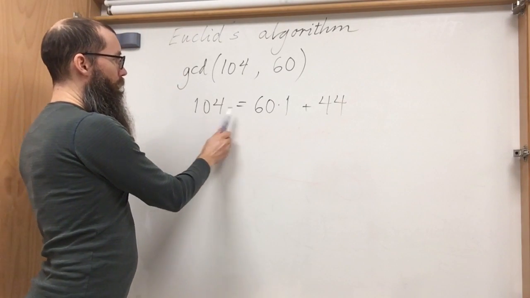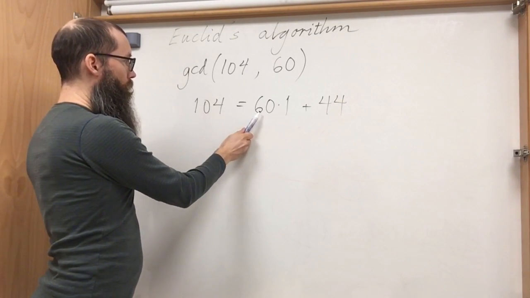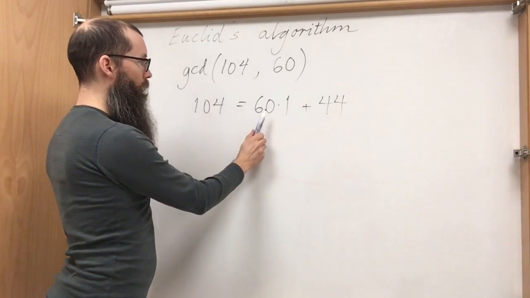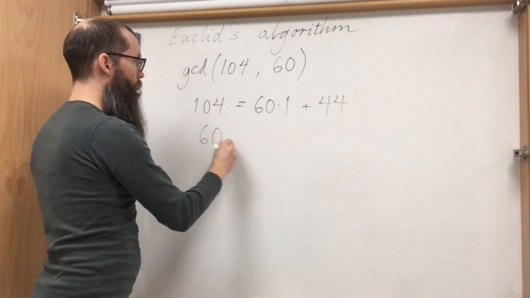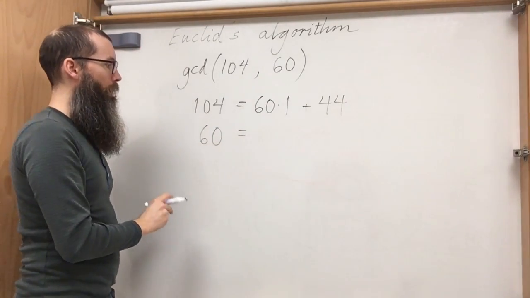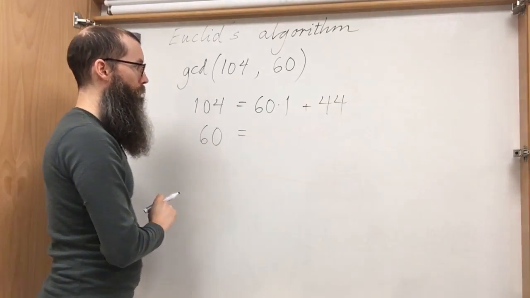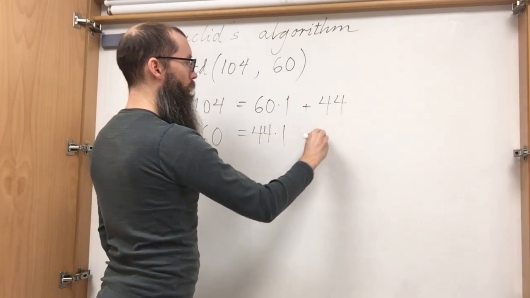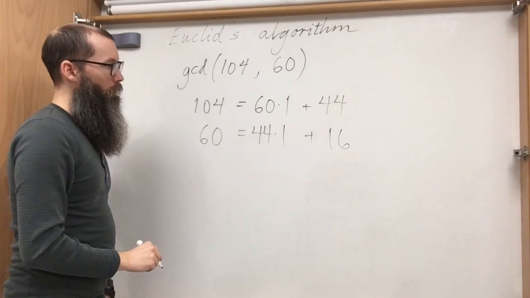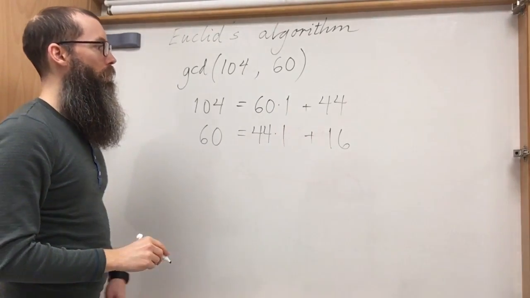Now, the greatest common divisor of these two is the same as the greatest common divisor of these two. And I'm going to proceed and use the quotient remainder theorem on 60 and 44. So 60 is 44 times 1 plus 16. So the quotient is 1 and the remainder is 16.